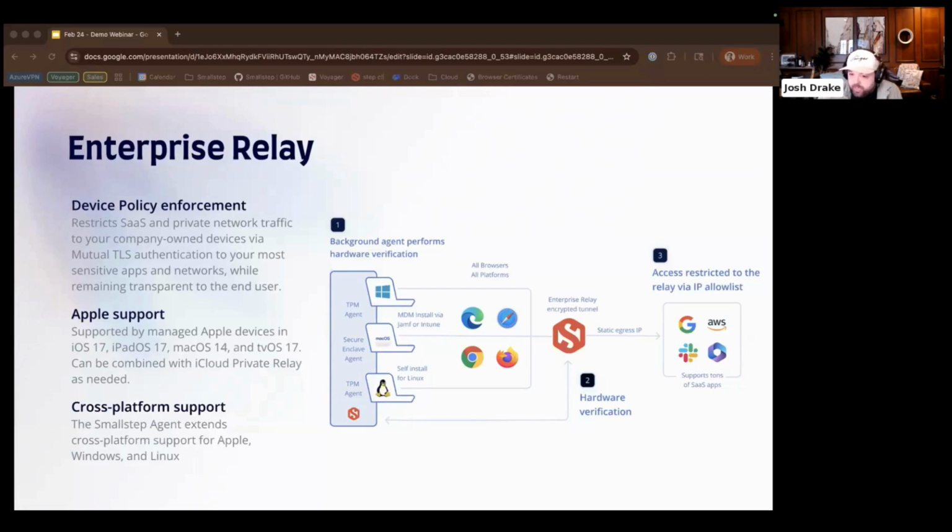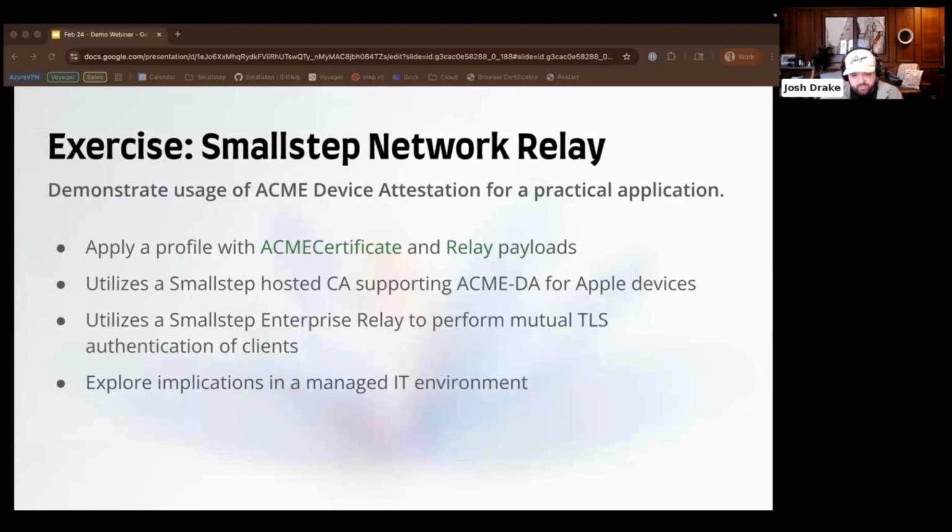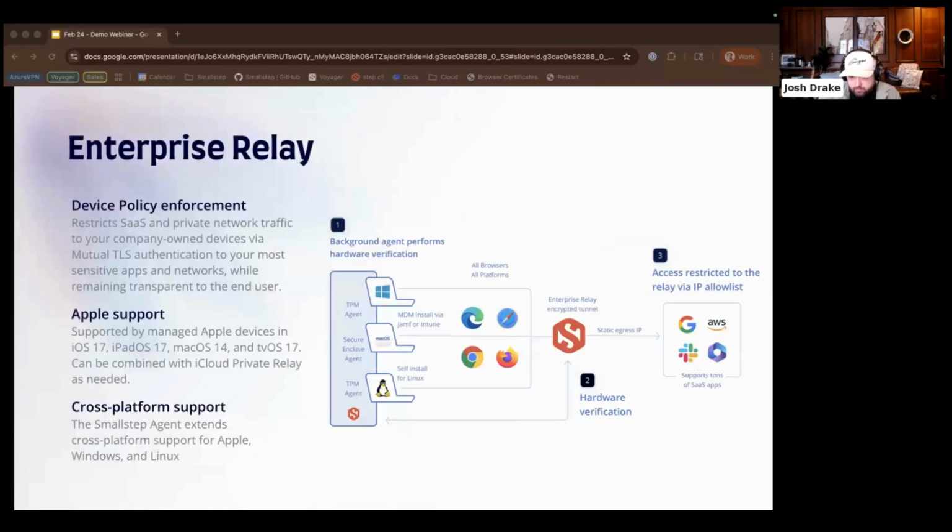Okay, so how are we going to demonstrate this today? There's a few things I want to point out. Let's see if this graphic is doing justice here. We're going to flip back to the graphic real fast. What we're going to do today is run through a credential issuance. We're going to issue a credential that's authenticated through the ACME device attestation protocol.